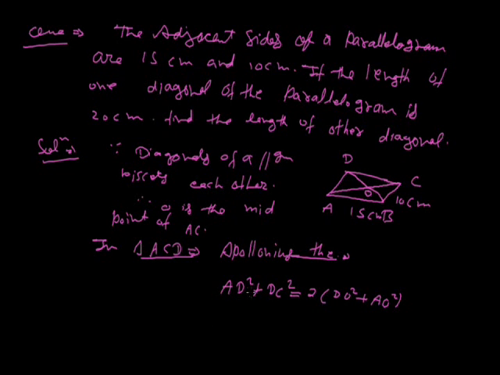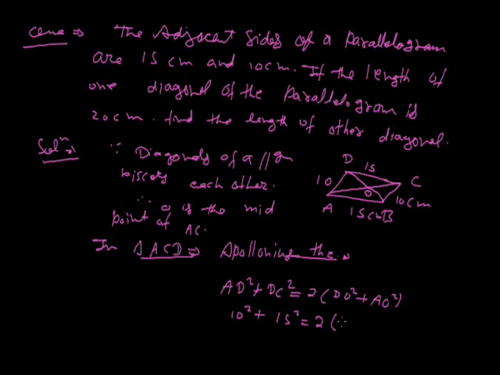Now we just need to put the values. This is a parallelogram, so BC is equal to 10 centimeter, that's why AD is also equal to 10 centimeter, and AB is equal to 15 centimeter, that's why DC is also equal to 15 centimeter. So 10 square plus 15 square is equal to 2 times DO square plus AO square.